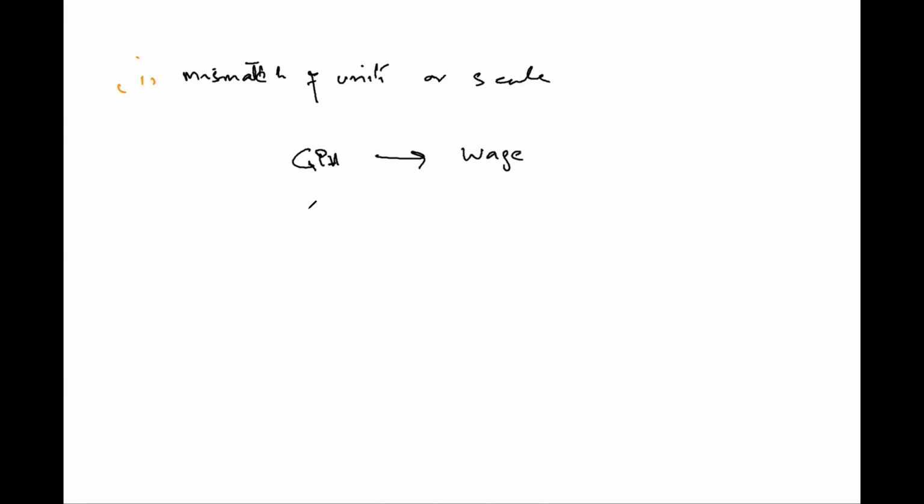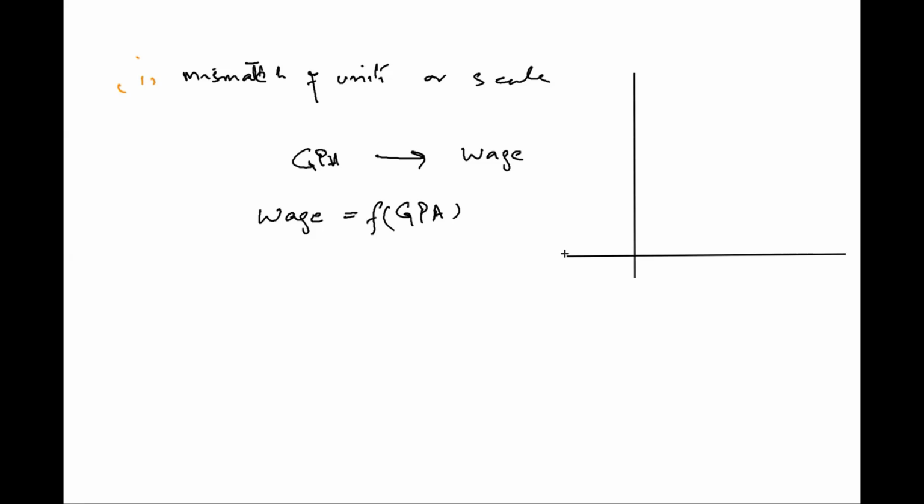So wage is a function of GPA. We try to estimate this model, that the more intelligent students tend to have higher wages. Logically, this is correct. Intelligent students tend to have good jobs and higher wages, even though the reason might not be the GPA; there might be any other reason. So here we take GPA and here we take salary.